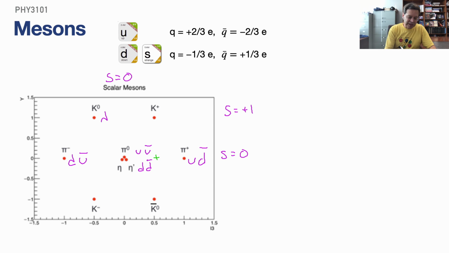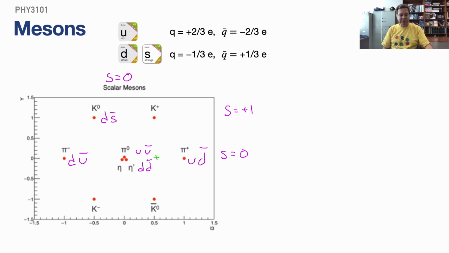It turns out that is a down and an anti-strange quark, because we saw that a strange quark itself has a strangeness of minus 1. So an anti-strange would have a strangeness of plus 1. Let's see if the charge works out. I have minus 1/3 for the down-type quark. An anti-strange quark has plus 1/3, so indeed it is neutral.